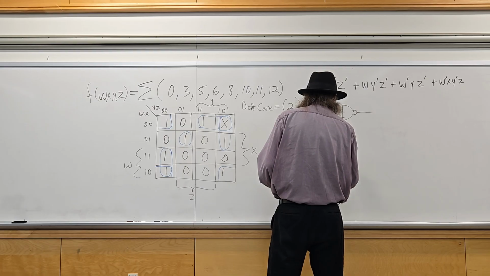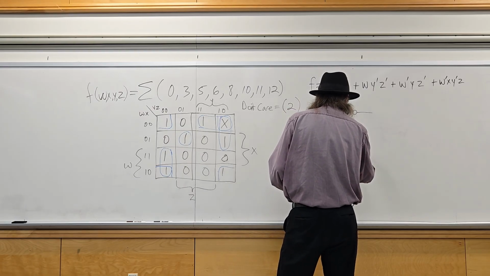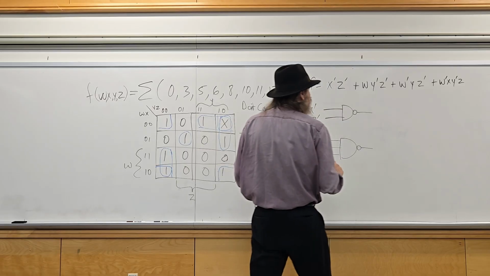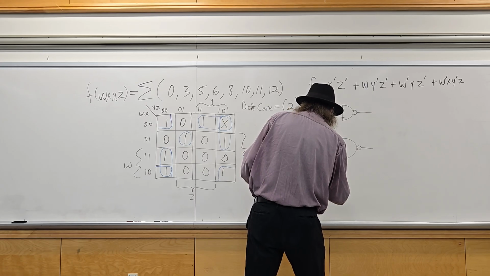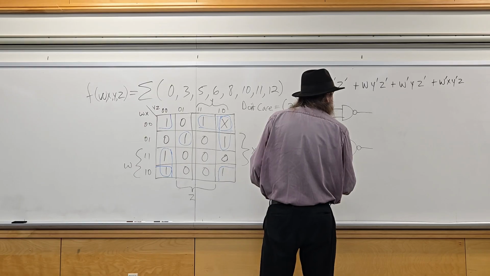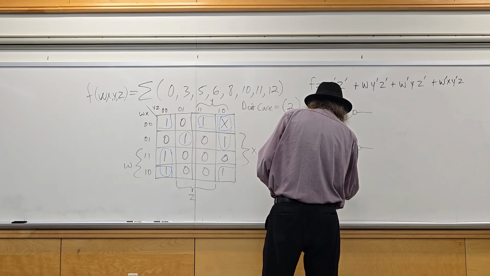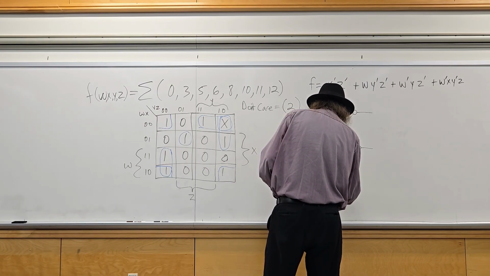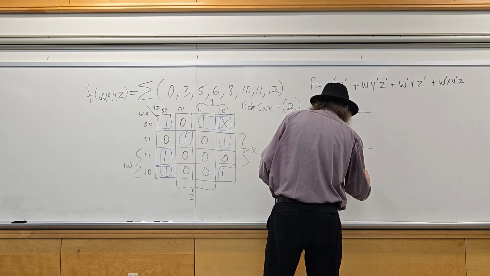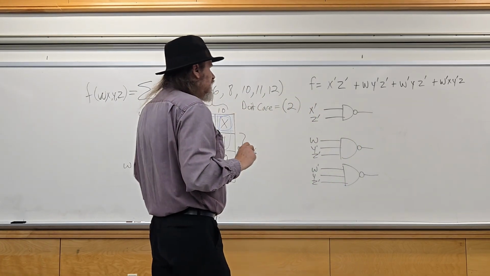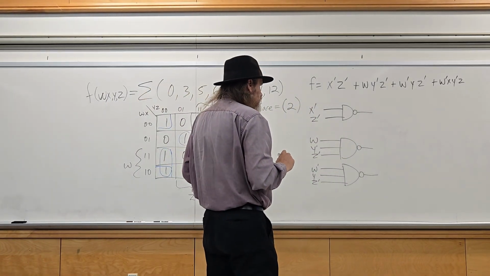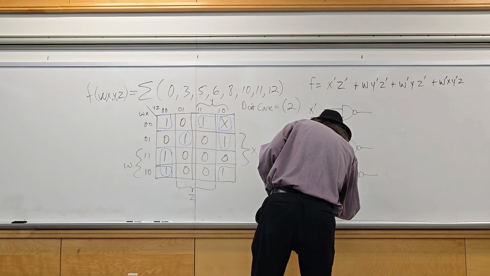Go to a 3-input NAND gate. W prime, Y, Z prime. Another 3-input NAND gate, which they do make. And finally a 4-input NAND gate. W prime, X, Y prime, Z.